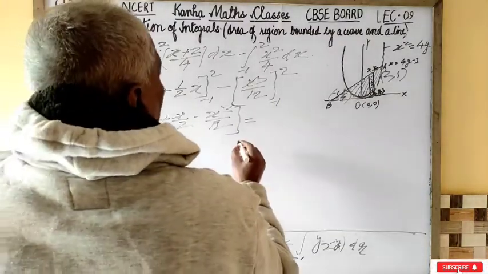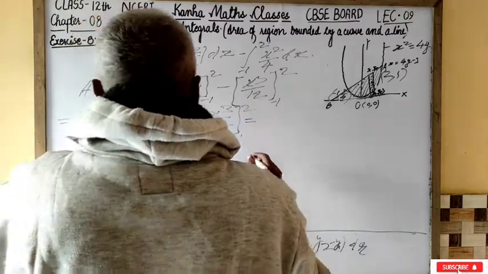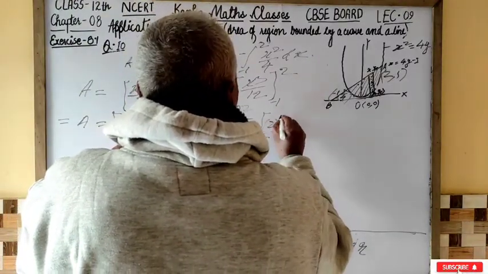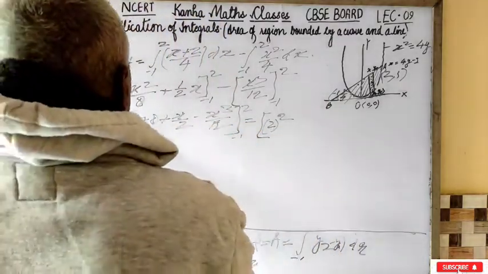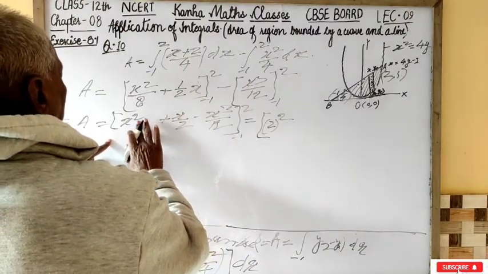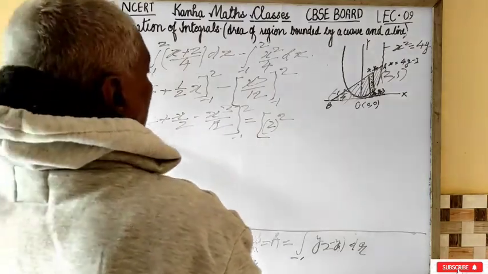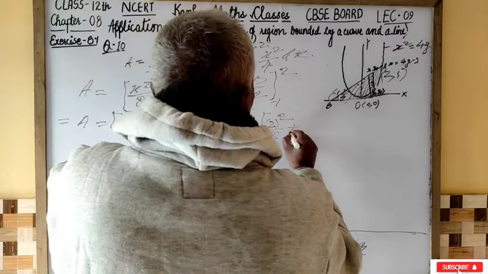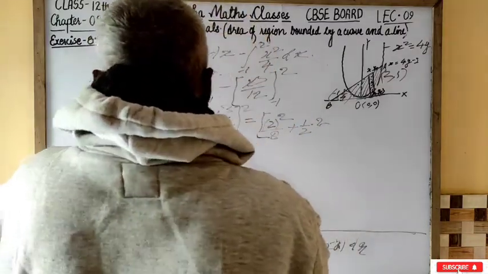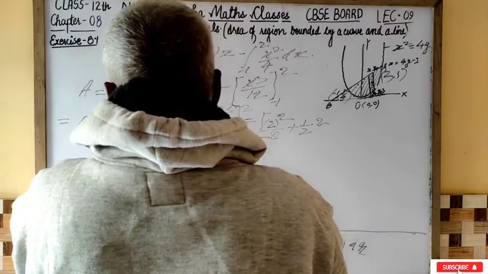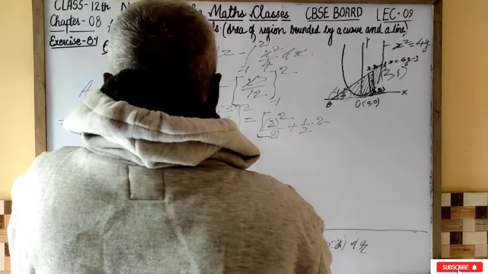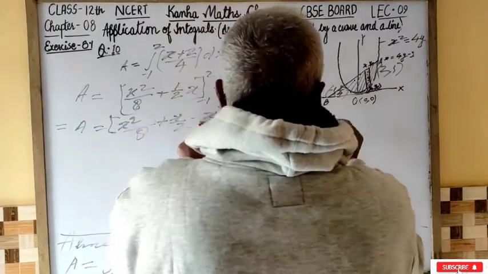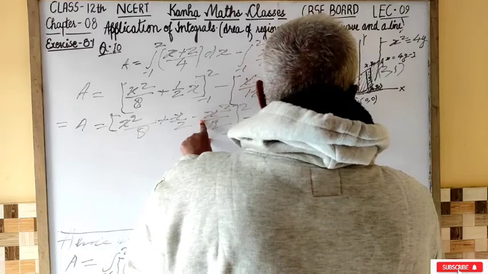Here, putting the value of the upper limit and lower limit, first of all we will put the upper limit 2 in the bracket: 2 square by 8 plus 1 by 2 into 2 minus 2 cube by 12.